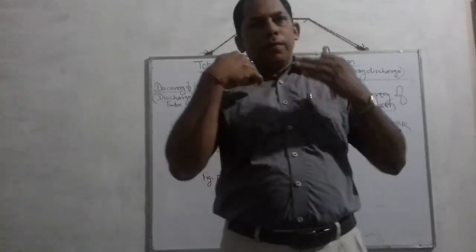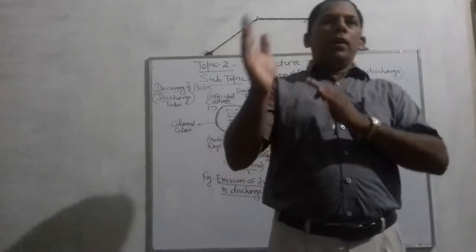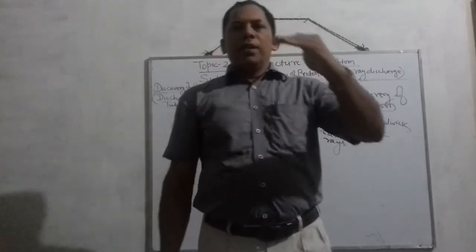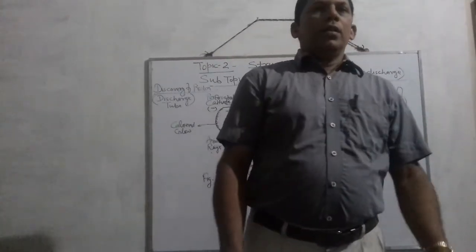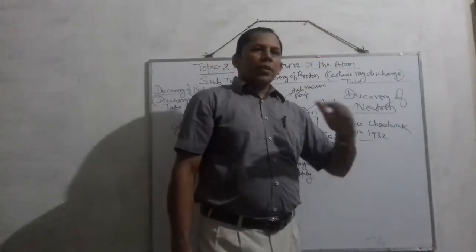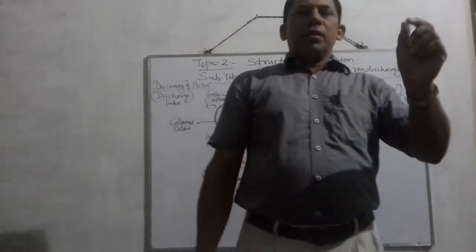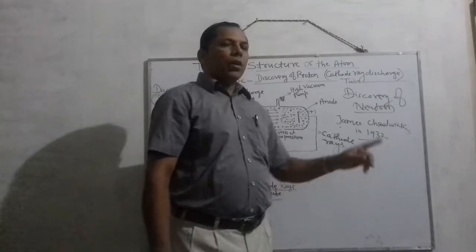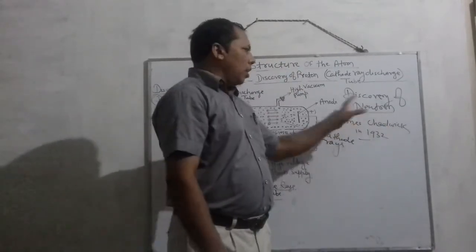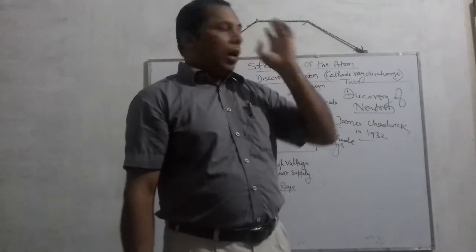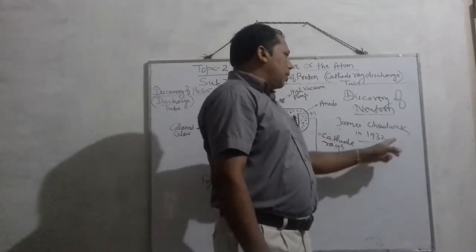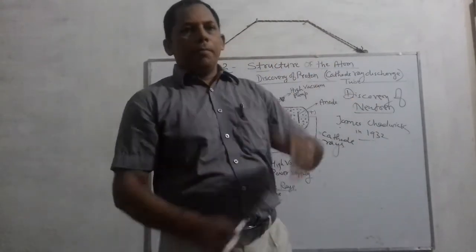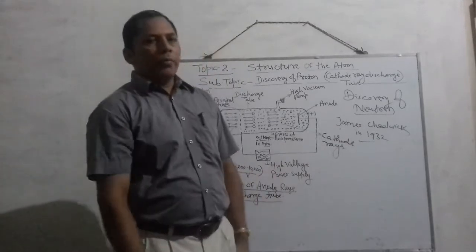By the bombardment of alpha particles on the thin foil of beryllium, a highly penetrating radiation was produced. This radiation contains chargeless or neutral particles, and they were called neutrons. And that is the artificial method of discovery of neutron.